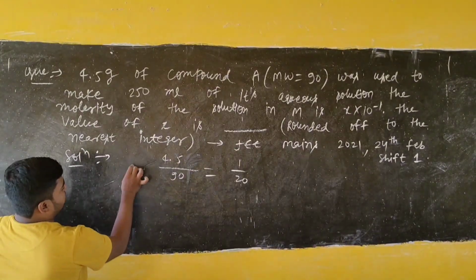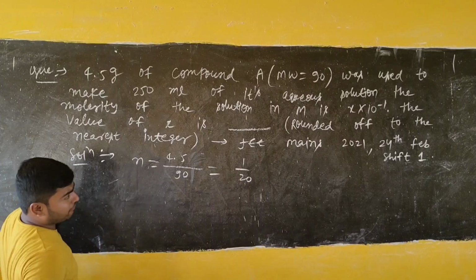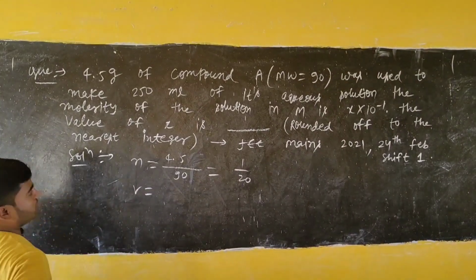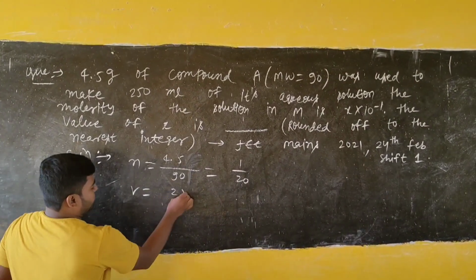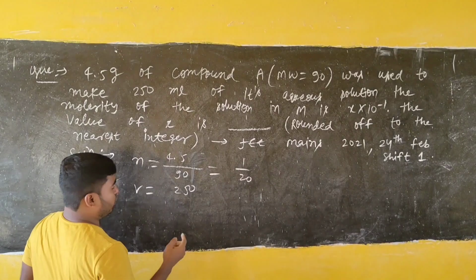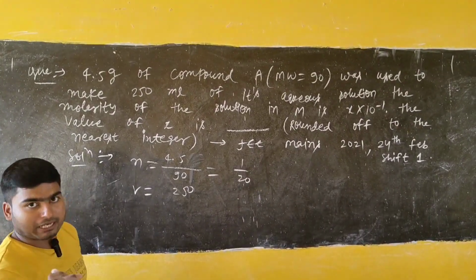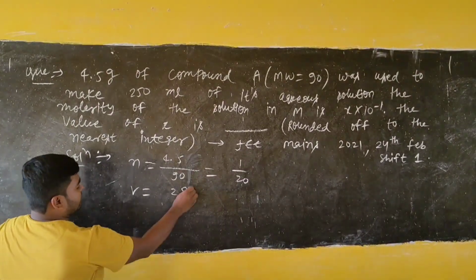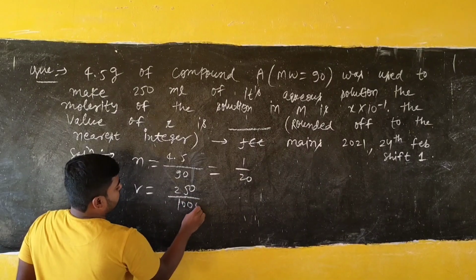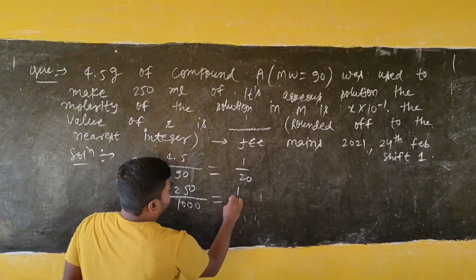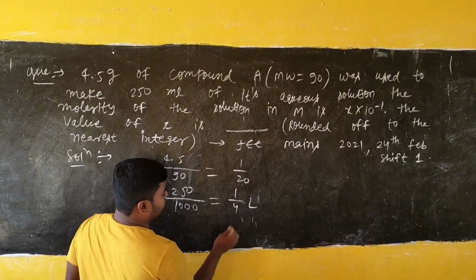This is the moles of solute, so you can write it as n. Now the volume of solution is given as 250 ml. Because molarity is moles per liter, convert to liters: 250 by 1000, which is 1 by 4 liters.